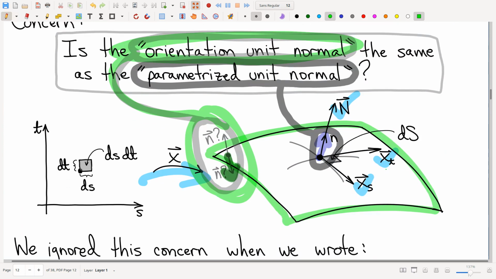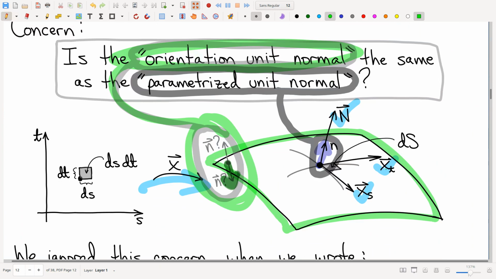I am not suggesting by what I've drawn here that you should be thinking about which direction you're parameterizing as you're parameterizing. It's too much trouble. It's hard to see it coming. It's not that it can't be done, but I don't think it's worth the trouble. My advice is parameterize it however you want, whatever's most convenient.